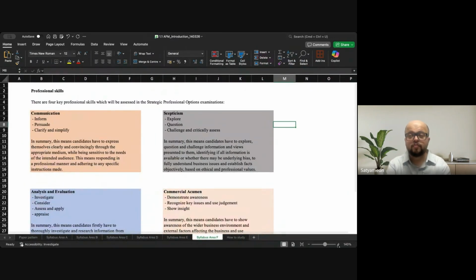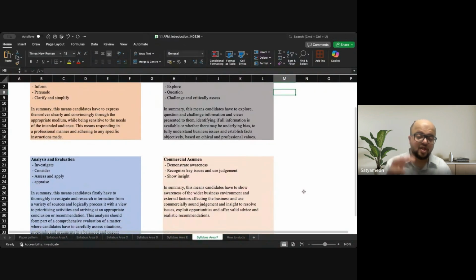With communication, it's about presentation, language, appearance, and following the instructions and all of that. Skepticism is your ability to challenge and critically examine the data given to you. Analysis and evaluation is more about investigation, going deeper, comparing points, investment appraisal, so on and so forth. Commercial acumen is basically having a good business sense.